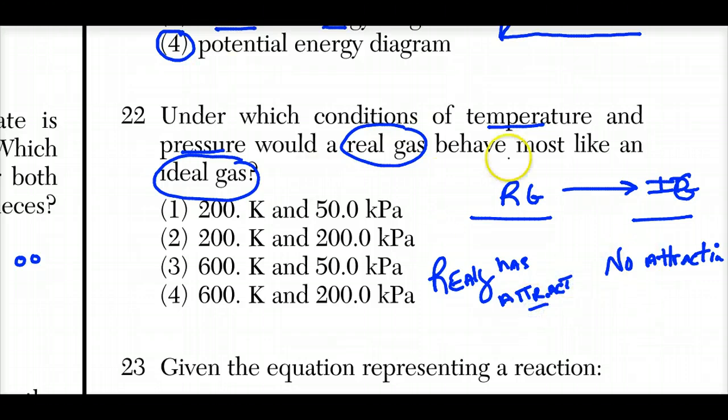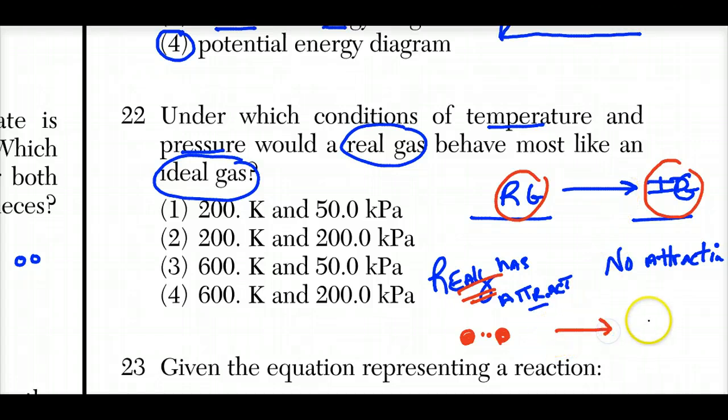So how do I go from a real gas that really has attractions, like a real student, to an ideal gas that ideally has no attractions for the people around them, just focused on the learning? Again, ideal gas, ideal student. Well, if they really have attractions, they're somewhat close to each other, and they're attracting. So to go from a real gas to an ideal gas, I want to make them be farther apart from each other, so there's less chance of them attracting. So I'm going to try to lower the pressure on them, right?